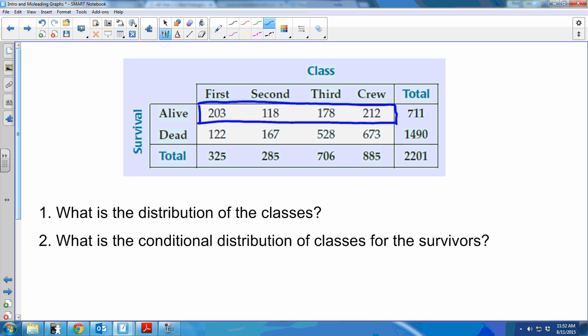So you can say there were 203 first class passengers that survived and 118 second class passengers that survived, and so on. Or you could list it as percentages, but this time we're dividing it by the number of survivors, 711. So 203 out of 711 and 118 out of 711, et cetera. When it asks for a distribution, you're normally listing a number for all categories. It's just important to note what kind of distribution you're doing. Does that make sense? Okay.